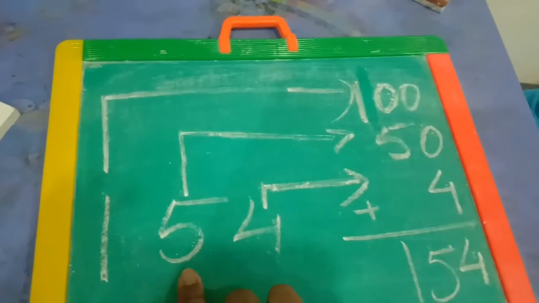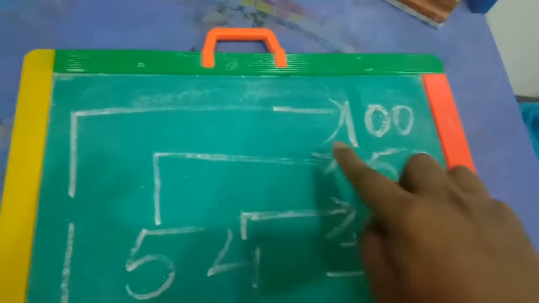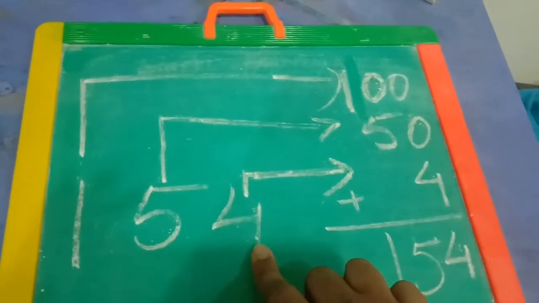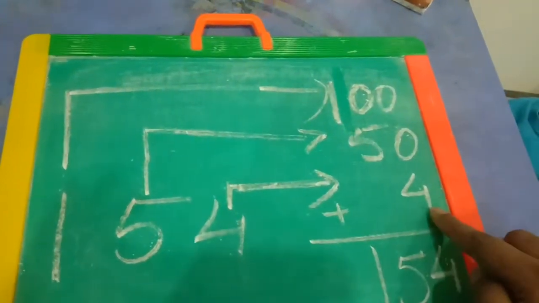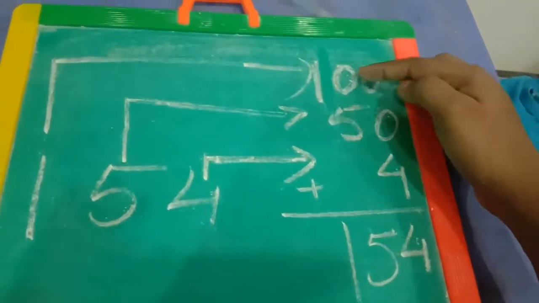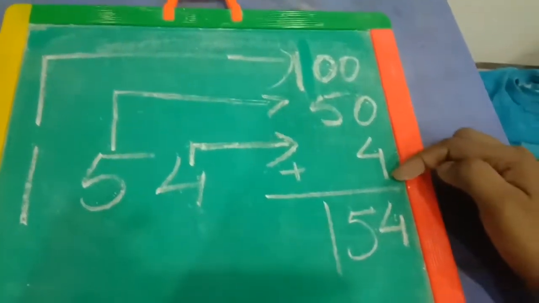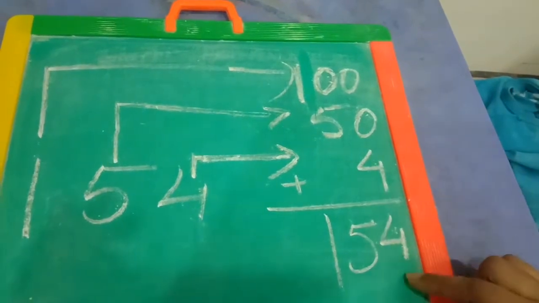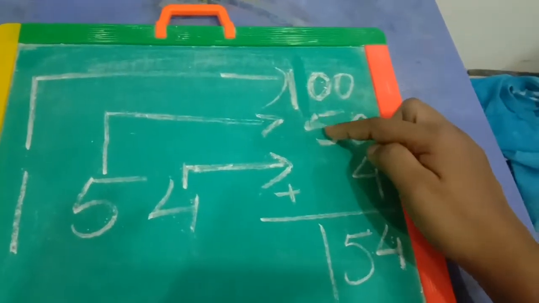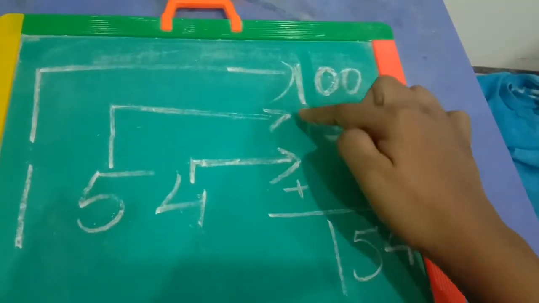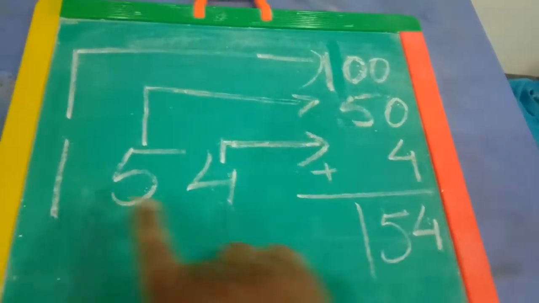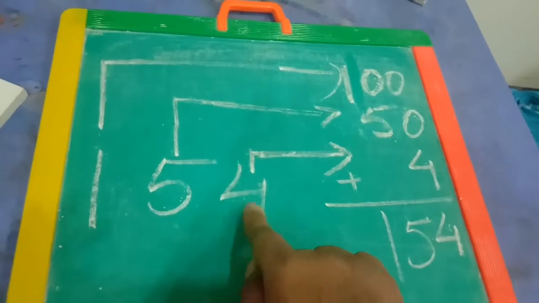Now 5 is in the tens place, so 50, and 4 is in the ones place, so 4. Now if we add all these three numbers: 0 plus 0 plus 4, the answer is 4. 0 plus 5, 5. For 1, nothing is there, so 1 will be brought down. So 154. Got it, children?